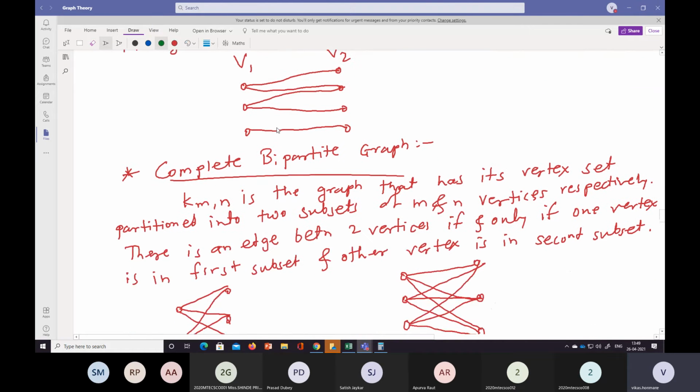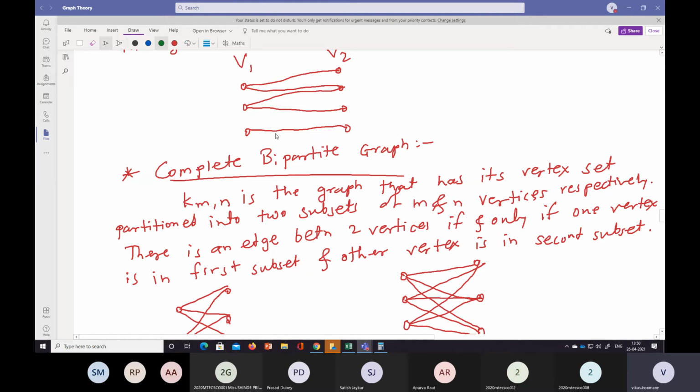Okay, and a complete bipartite graph Km,n is a graph whose vertex set is partitioned into two subsets of m and n vertices respectively. There is an edge between two vertices if and only if one vertex is in the first subset and the other vertex is in the second subset.